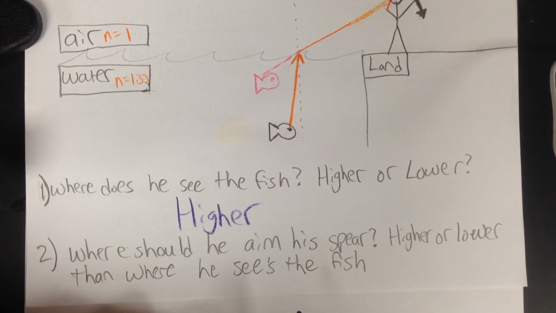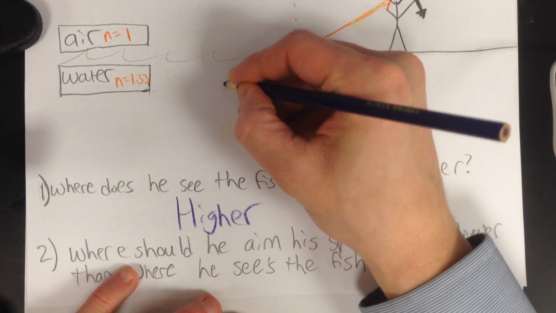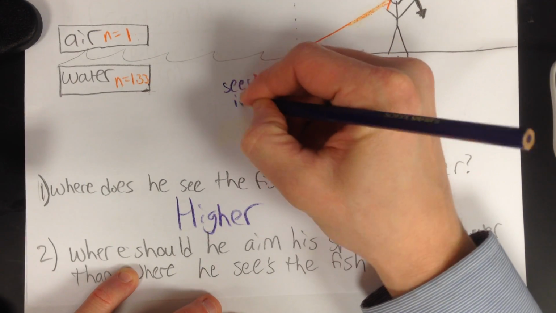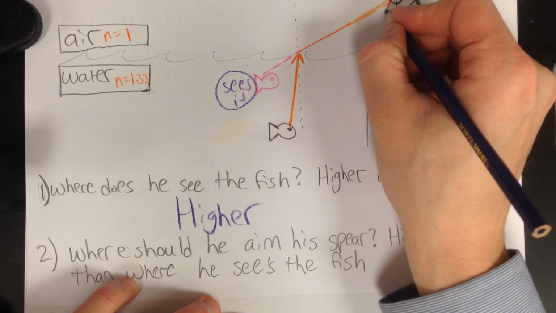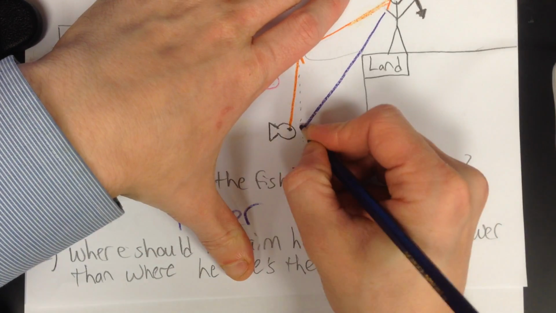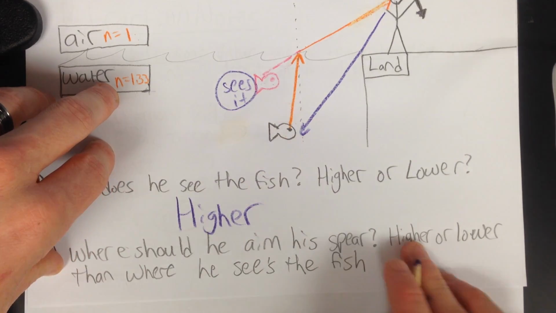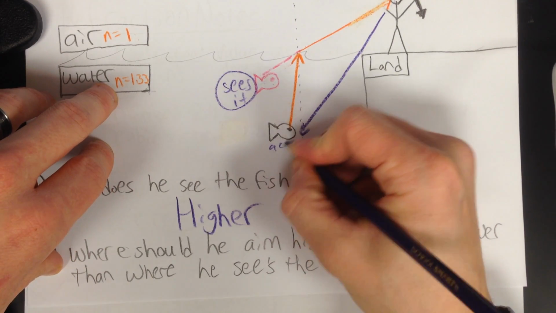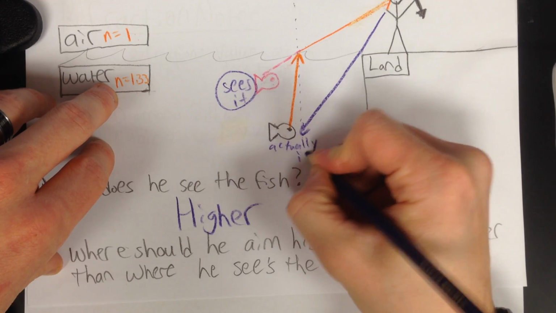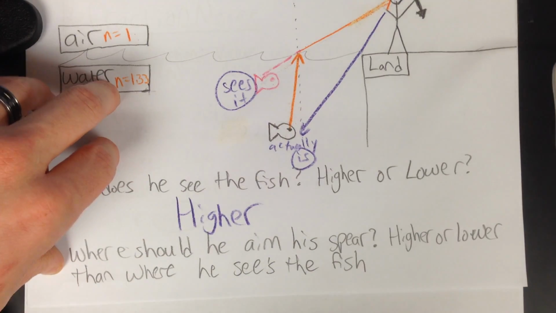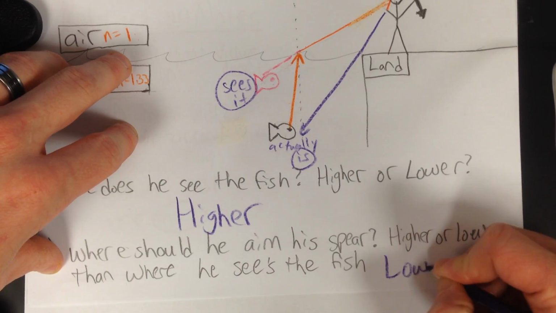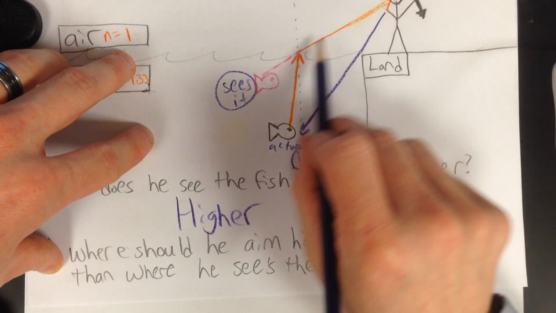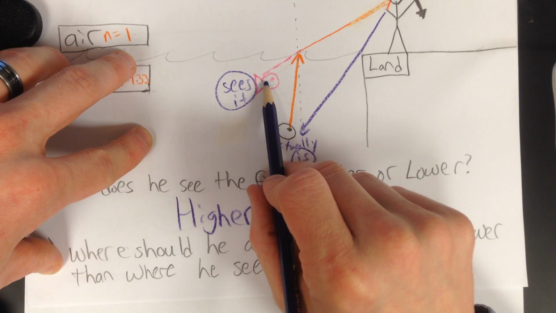But where should he aim now? So he sees it here, but he should aim his spear a little bit to where the fish actually is. That's where it actually is. He should aim it right down there in purple. So he should aim it a little lower because his mind traces it back higher than it actually is.